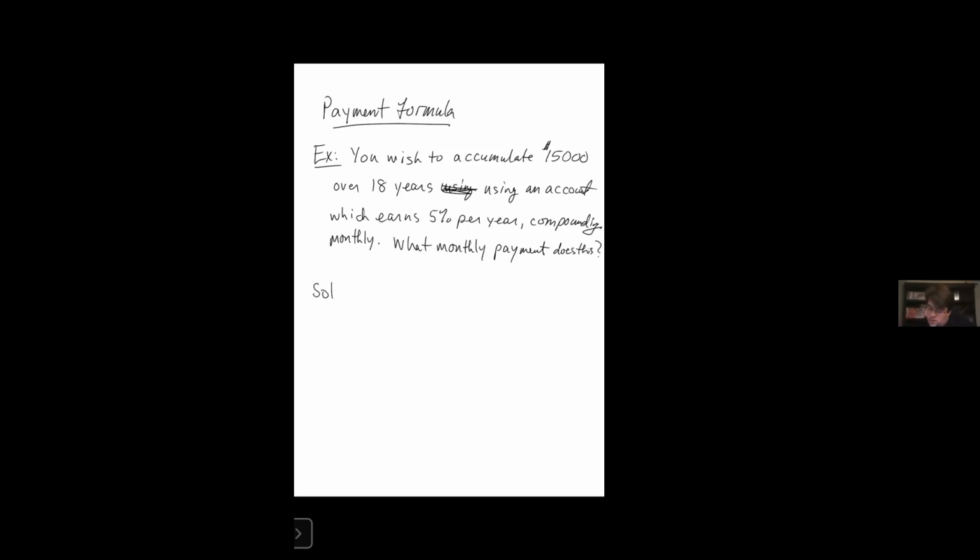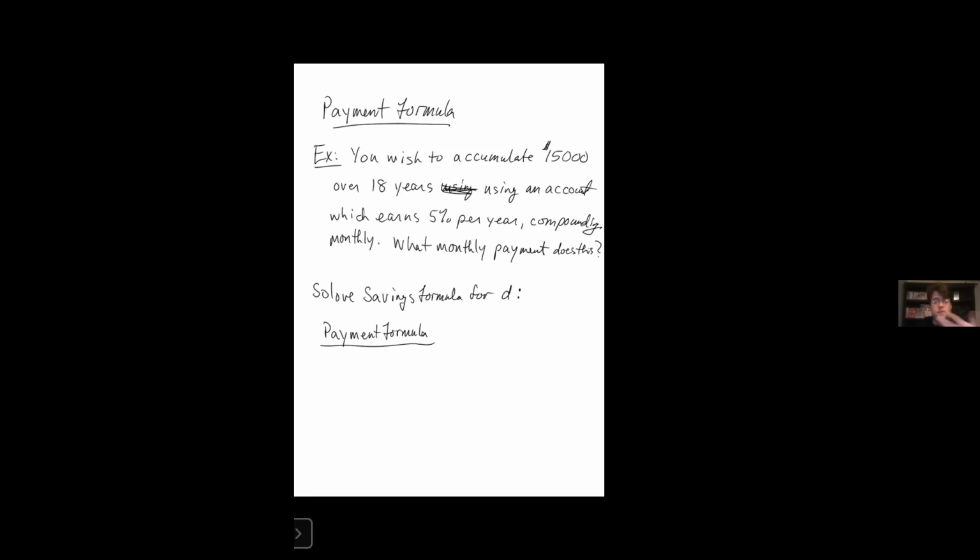Well, to do this, we'll solve the savings formula for the periodic deposit, in this case the monthly deposit, for D, and we get the payment formula. The savings formula is a large fraction times D. So what we can do is multiply both sides by the denominator of the fraction and divide both sides by the numerator.